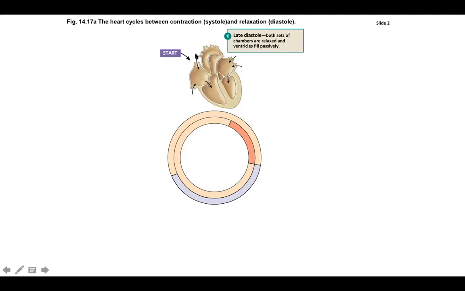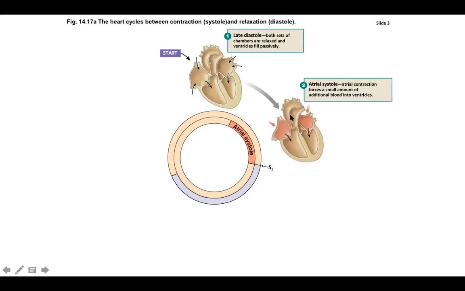So blood is coming into the atria via the superior vena cava and the inferior vena cava, and the blood is passing right through the tricuspid and mitral valves, and it's happening passively. And so the ventricles are filling, everything's relaxed. You can imagine that the two ventricles are filling with blood.